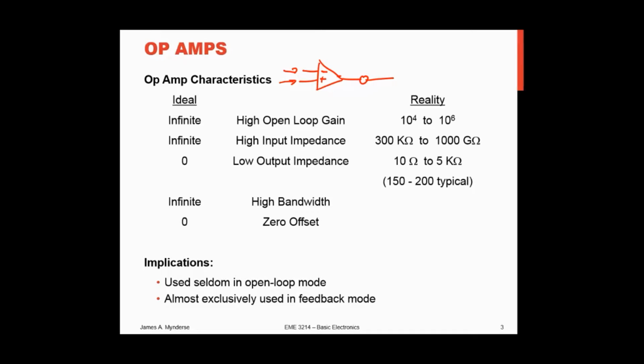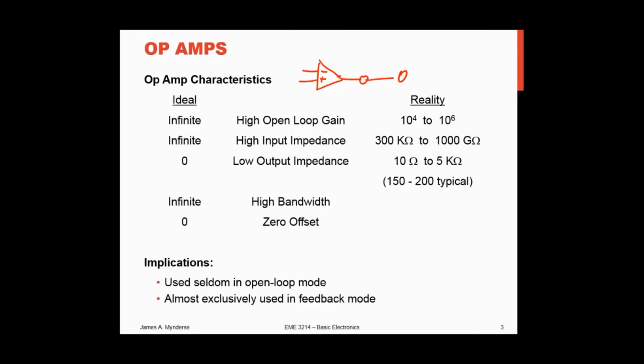Just have to dig through the data sheets. And ideally, you have zero offset, so if the difference between these two inputs here is in fact equal to zero, you get zero output. They don't quite do that, and that's why we put the trim ports on there, so you can tweak it a little bit and get it very, very close for practical purposes.